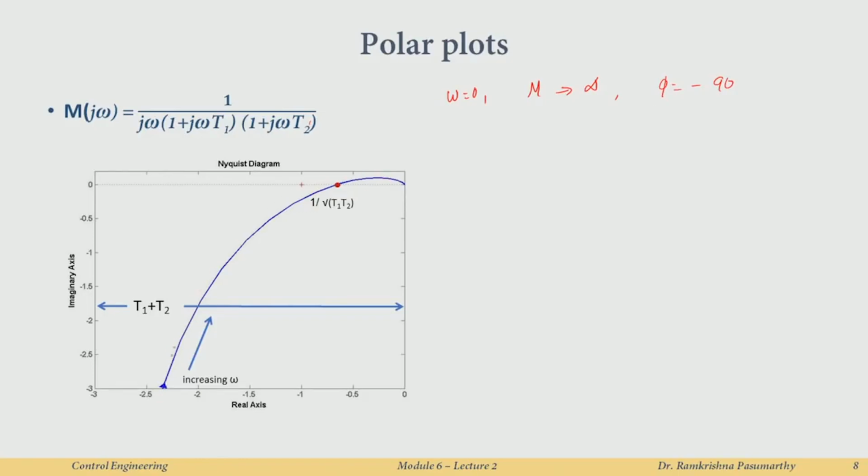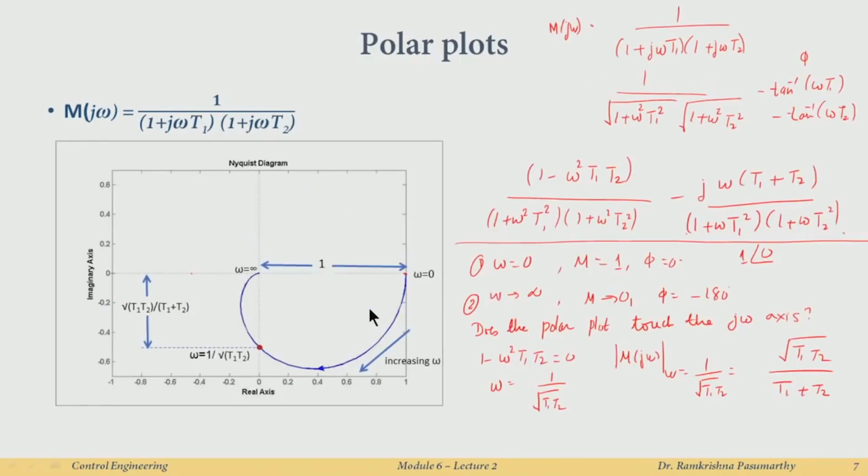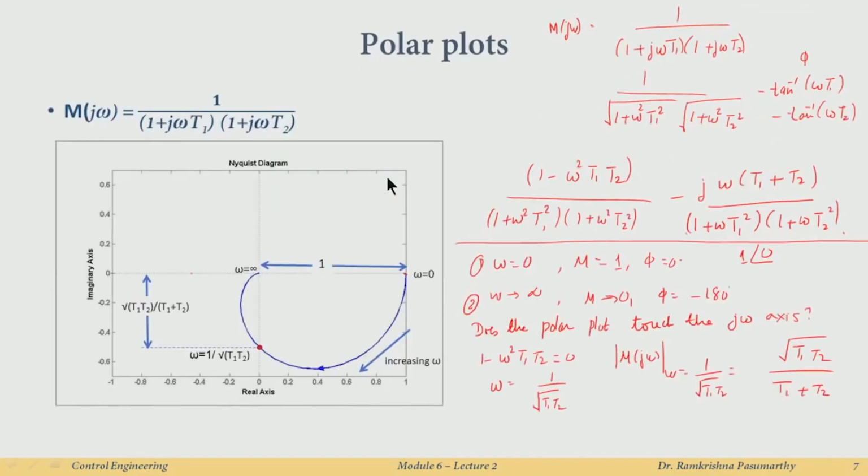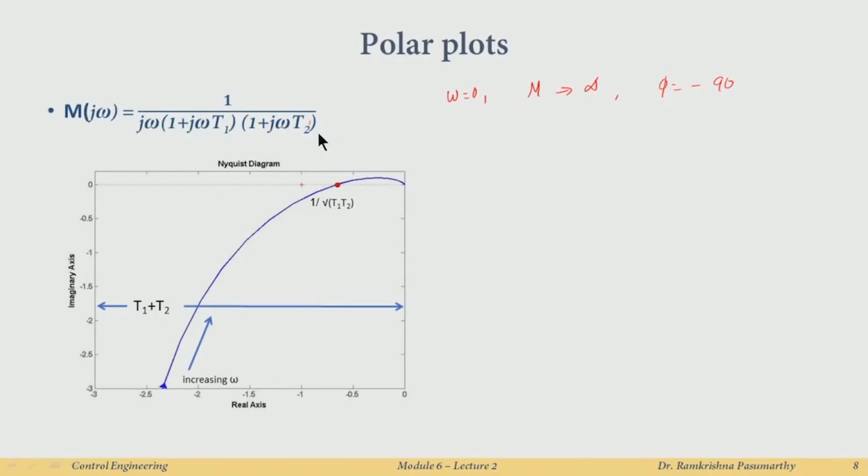You also see that this number, which was earlier t1, is now t1 plus t2. Earlier it was just t, and now it has become the sum of these two, t1 plus t2. Then what happens to this plot as omega goes to infinity? The magnitude goes to 0.